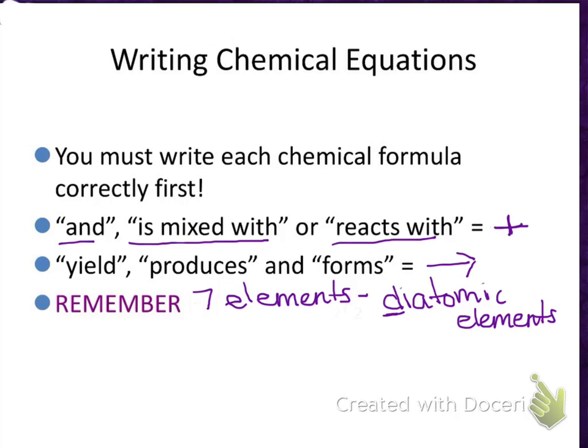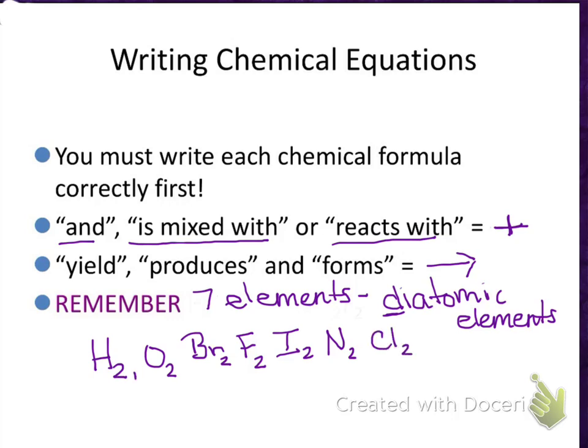There are 7 of these, okay? And I have a silly way of remembering them, and I'll write them down first. So hydrogen is 1, oxygen, bromine, fluorine, iodine, nitrogen, and chlorine. Okay, so these are the 7 diatomic elements.